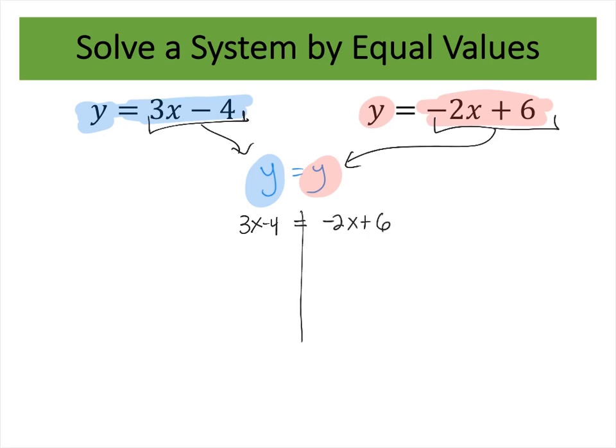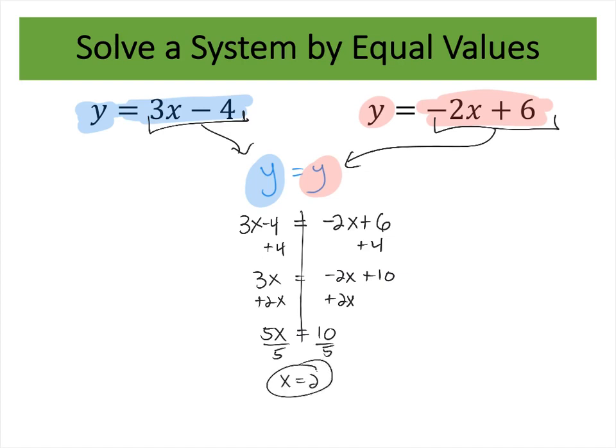Then we solve using our solving skills. I'll add 4 to both sides, and we get 3x equals negative 2x plus 10. And we'll add 2x to both sides, so 5x equals 10, and dividing by 5, x equals 2.